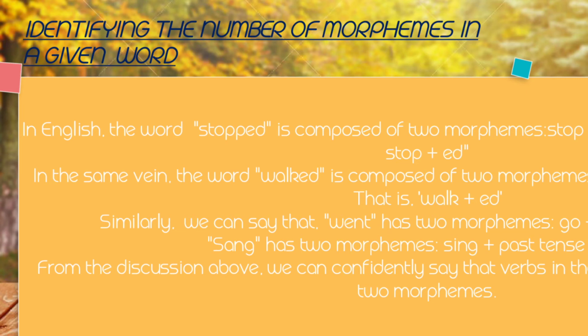So we are talking about went, and we are saying went has two morphemes, that is go plus the past tense marker. Similarly, we can say that sang has two morphemes, sing plus the past tense marker.